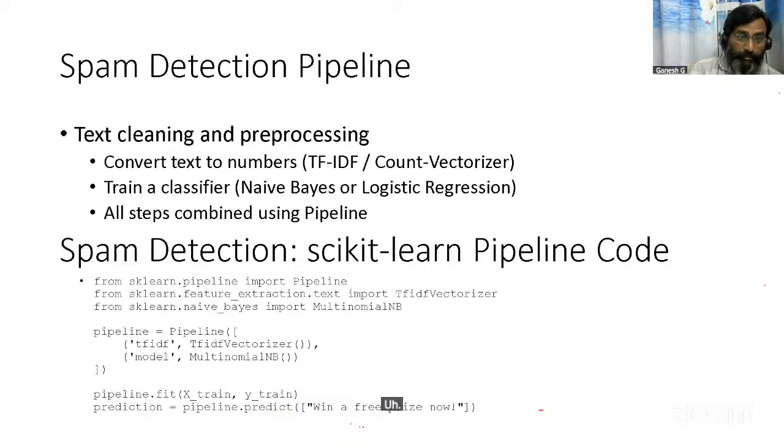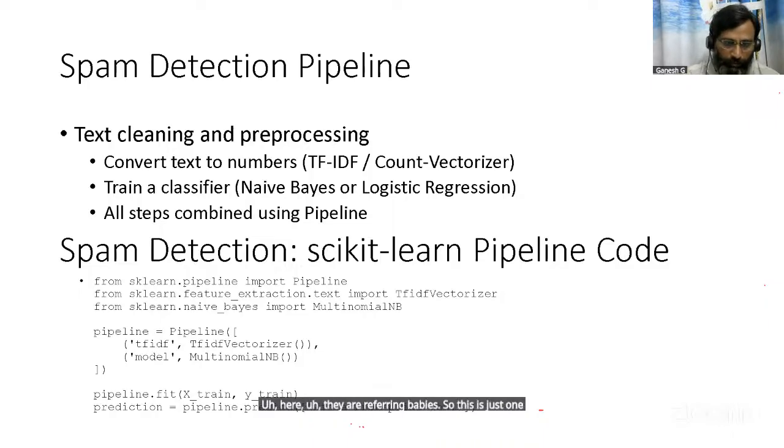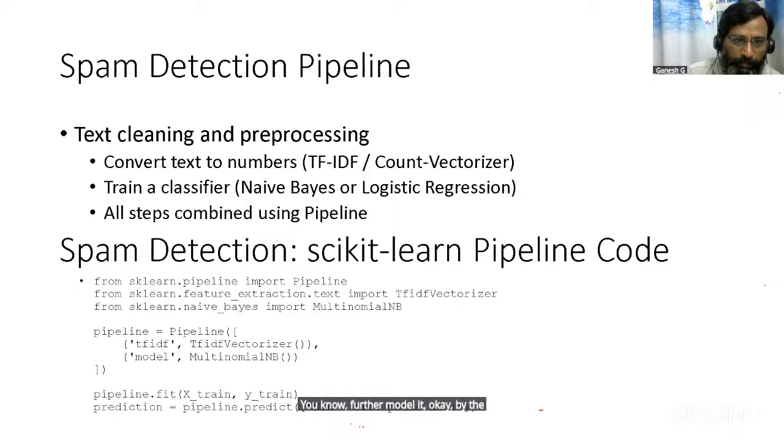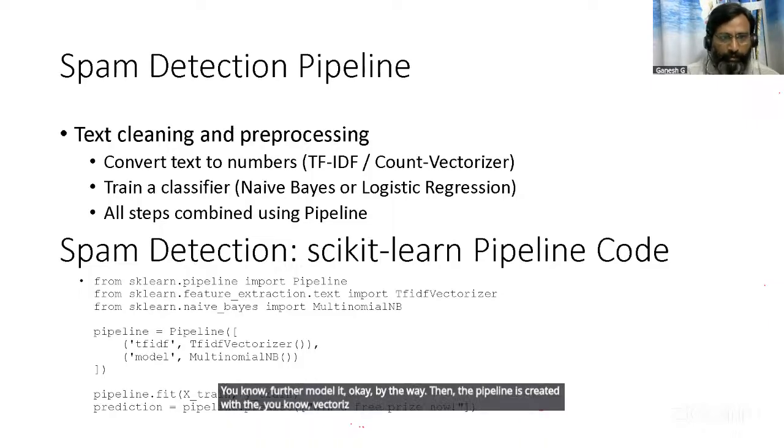Here they are using naive Bayes. This is just one sample code that you can refer to, but you need an exhaustive one to further model it, by the way. Then the pipeline is created with the vectorizer and the naive Bayes classifier.